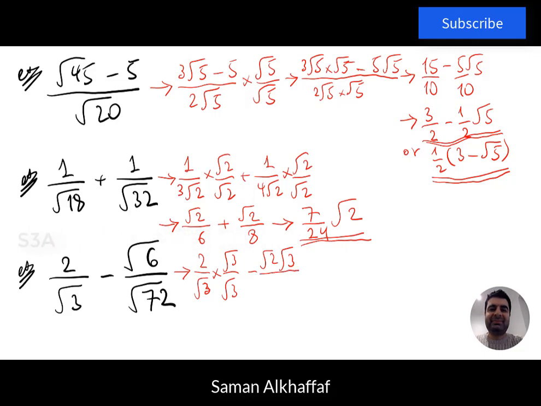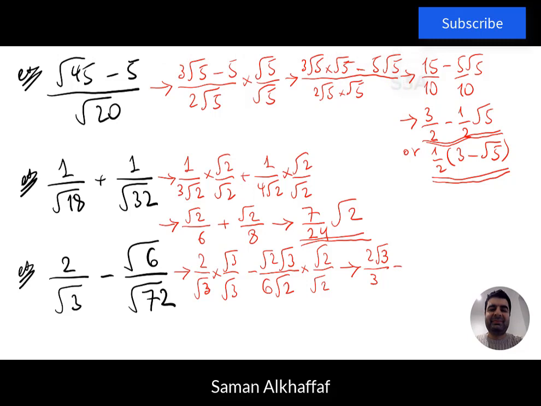And also the root of 72 can be simplified to 6 root 2, which can be multiplied by the conjugate, which is root 2 over root 2. Now to simplify these terms, we would have 2 root 3 over 3, because root 3 times root 3 is root 9, which is 3.